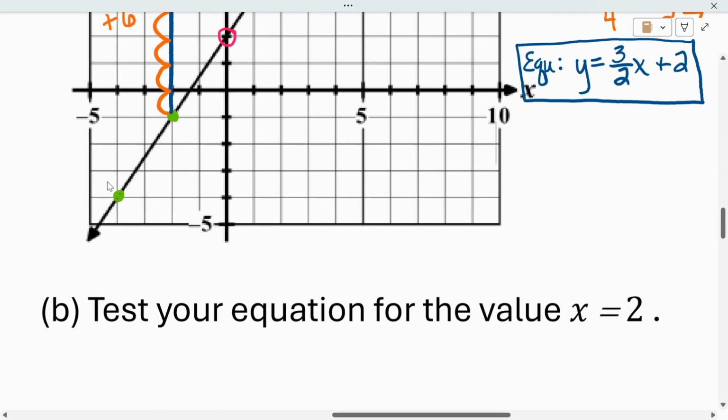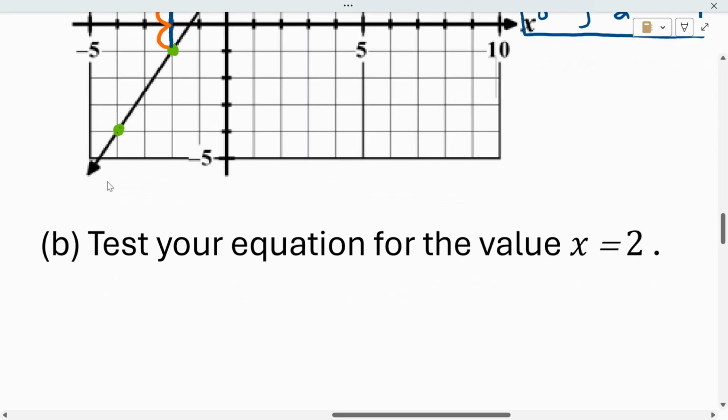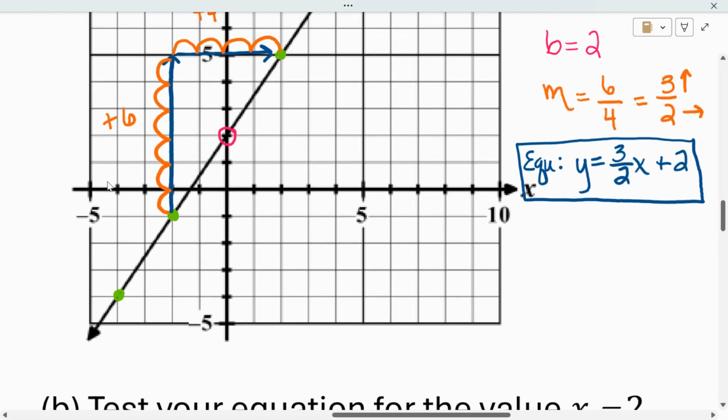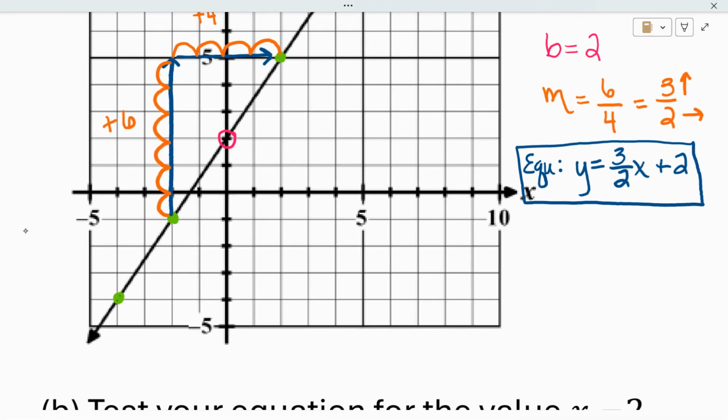Okay. So the second question says, test your equation for the value of x equals 2. So before I test my equation, I want to go look at when x equals 2 on my graph. When x is 2, what is my output? 5.